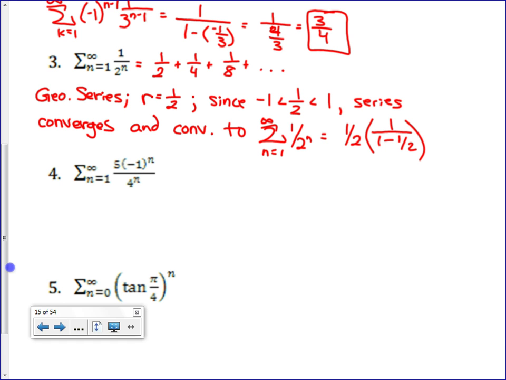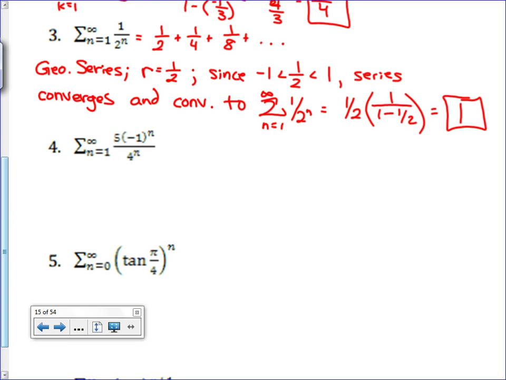Same thing. Did I get it right? I simplify, and I have 1/2 over 1/2, which is just 1. How about number 4? Any questions on number 3? Does it make sense?